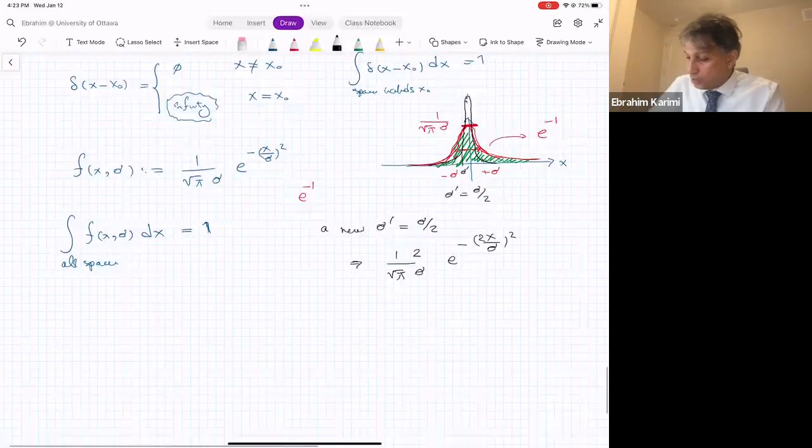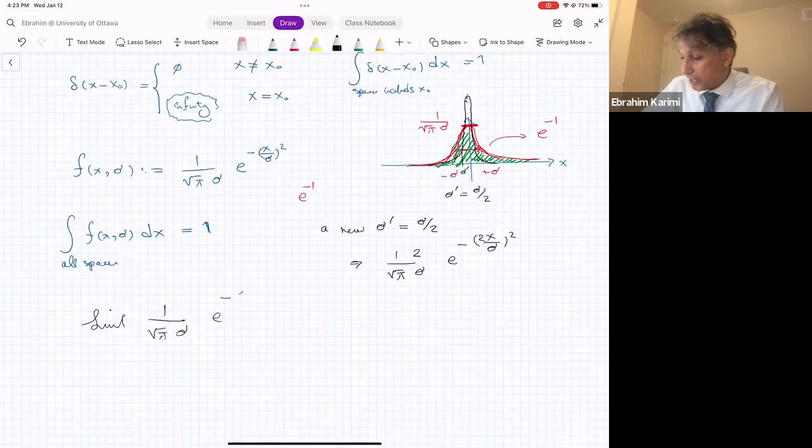So we can look at the case when we look at the limit of 1 divided by square root of pi sigma e power of minus x divided by sigma power of 2, when sigma goes to 0. What happens?